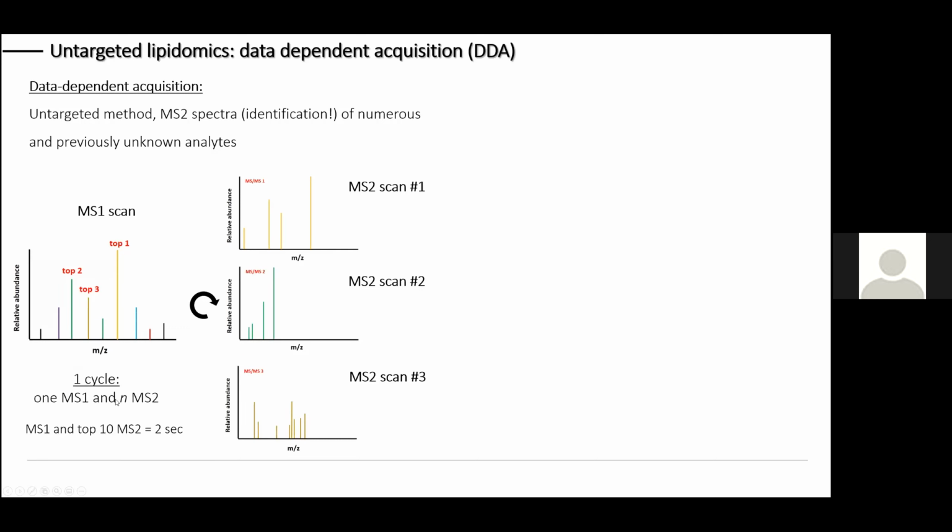So one cycle of our method here will include one MS scan and several MS-MS scans in order to get the information as fragment ions for our precursors.